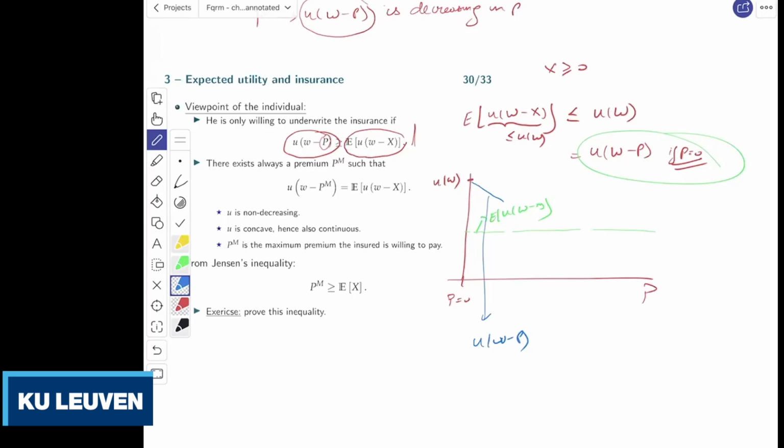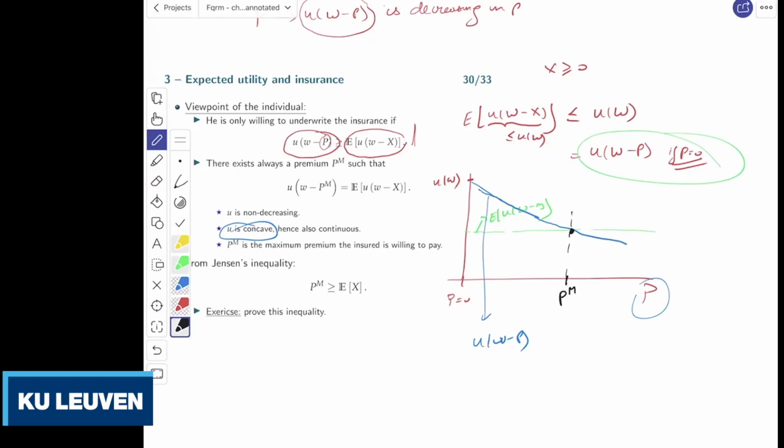It will decrease, and if we assume that U is a concave function, it's also a continuous function. So the blue line in function of P will decrease in a continuous way, meaning that at some point it will cross the green line. It cannot jump over the green line because it's continuous. It has to cross, and this crossing point here is what we call P big M, which we know exists.